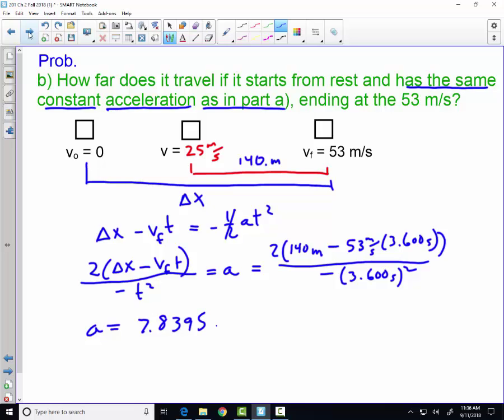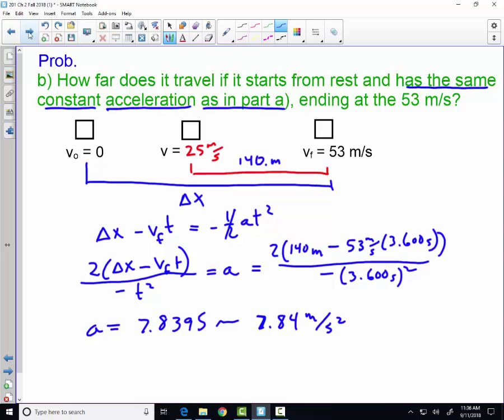And I end up with an acceleration of 7.8395. In my final answer I'm only going to keep 2 sig figs at the end, but I could keep as many as I want right here, so I'm just going to work with this as 7.84 meters per second squared.